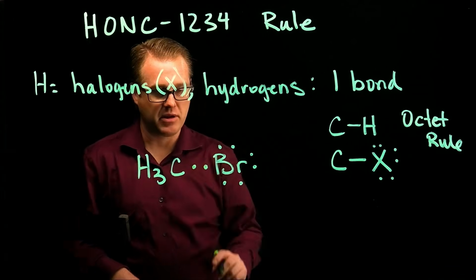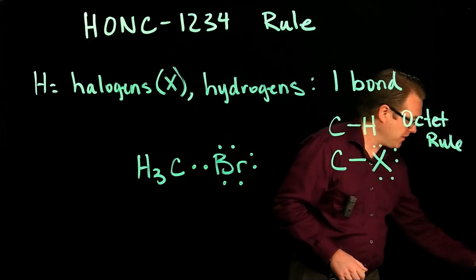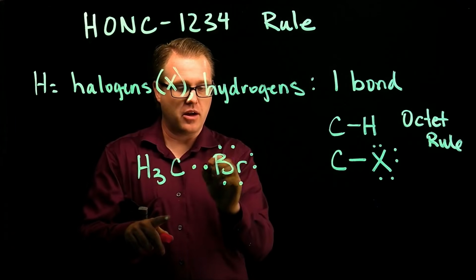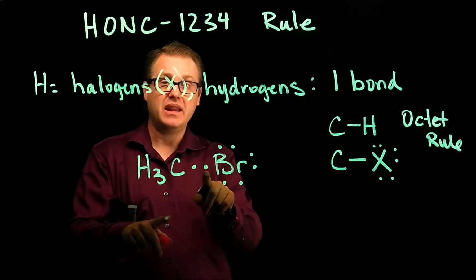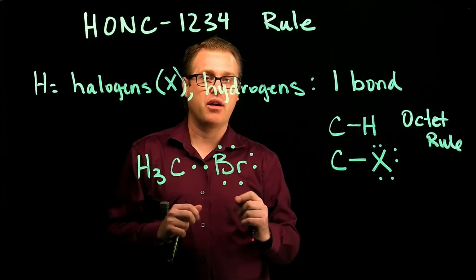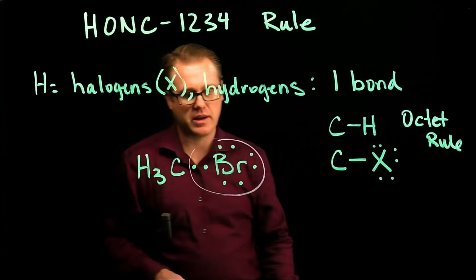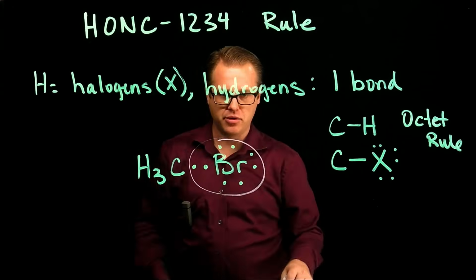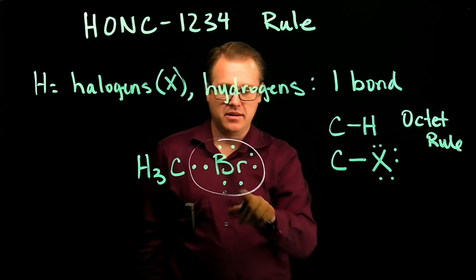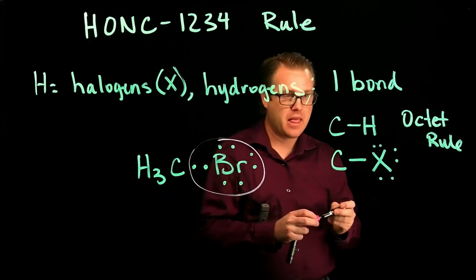And that sigma bond is represented by those 2 electrons there. Not only is this a sigma bond, it's a covalent bond. And covalent bonds share electrons. And so it shares all those electrons. So when you look at that pink circle that I drew, how many electrons are in that circle? There's 8. And so we have the octet rule is satisfied.